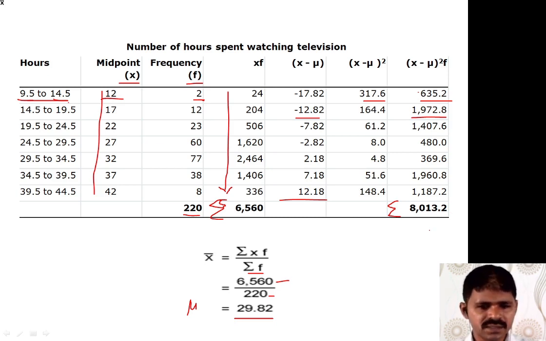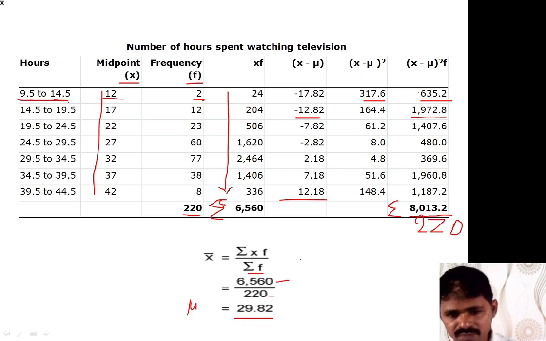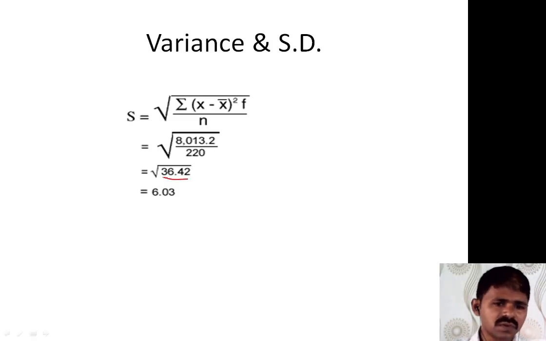So now we have to measure the variance. The sum of x minus mean whole square into frequency is divided by the total number of frequencies, that means 220. If we do this, we get the variance value, 36.42.